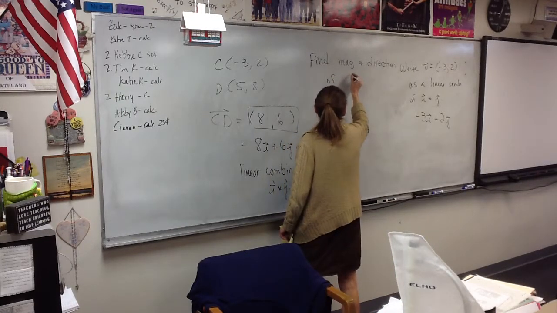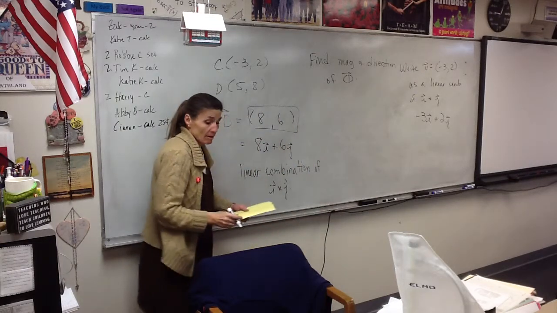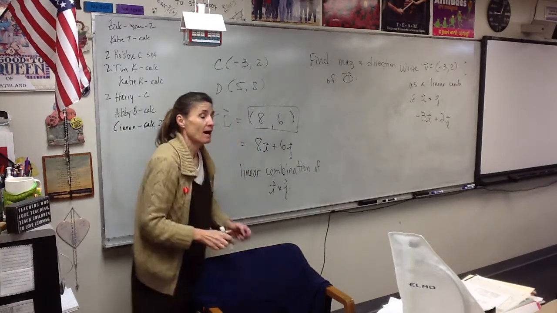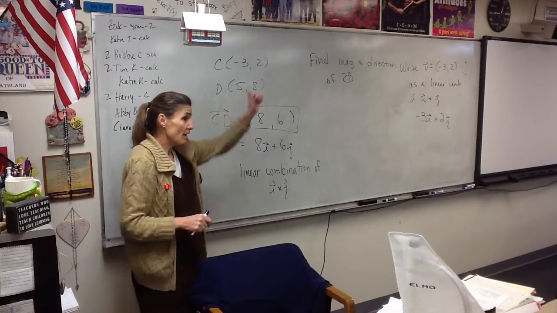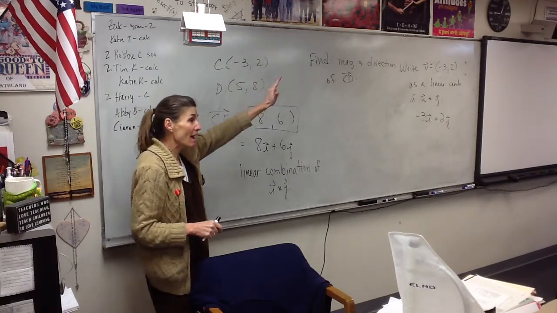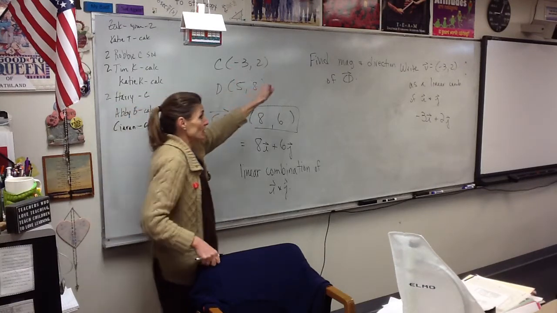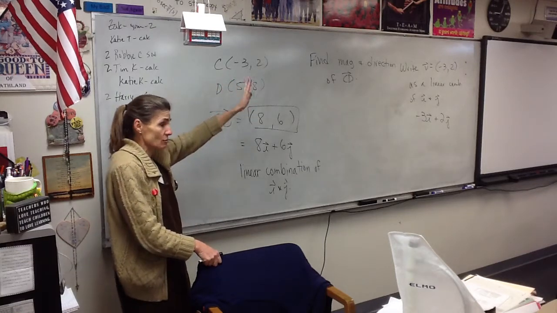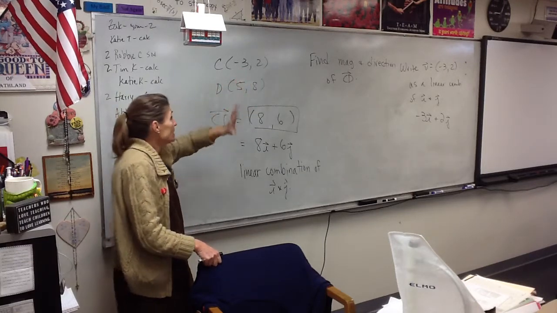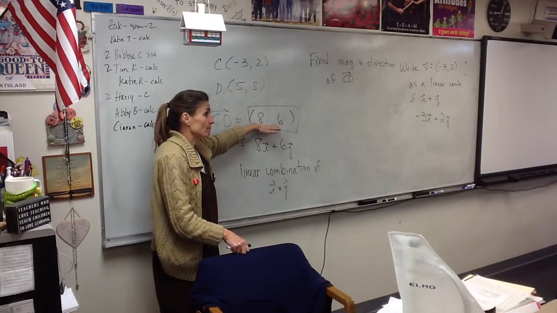Now, it's important to keep in mind that vectors are directed line segments. So they have direction and they have magnitude. Magnitude is the word for length. Every vector has those things. So you're finding it for this particular one.